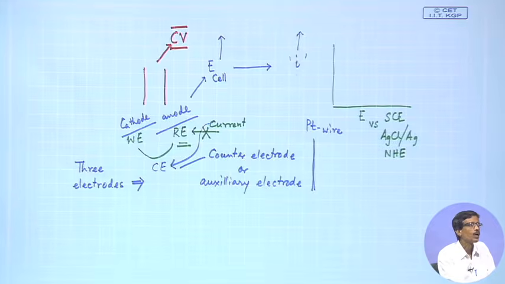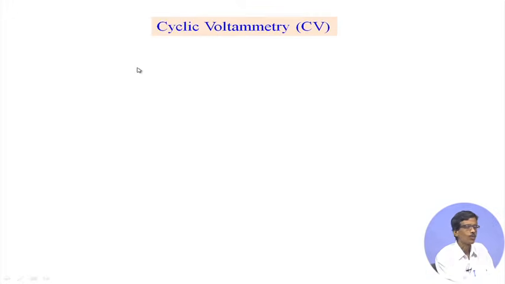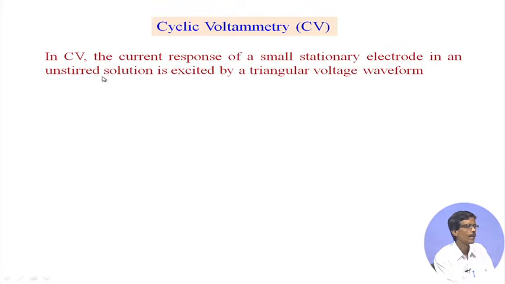In terms of the corresponding placement of the electrodes, we will see what is written in different books and all the information we gather from other sources. So, CV is nothing but the current response of a small stationary electrode in an unstirred solution. These are the basic conditions: the solution should not be stirred or agitated, it should be in the rest state.